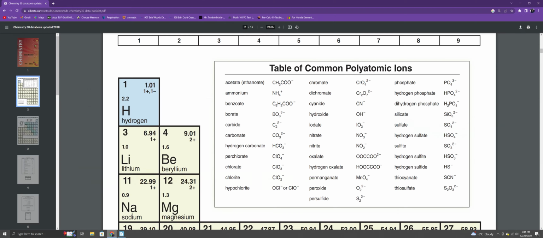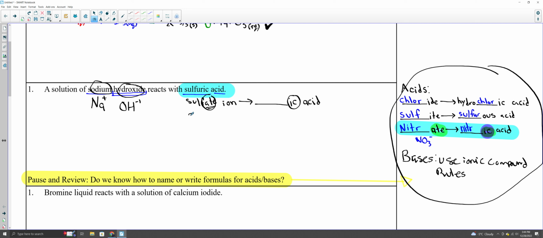So what's the sulfate ion look like? Well, let's look it up. There it is, sulfate, SO4 -2. Now, we should also know that when something is an acid, especially strong acids like sulfuric, they get that due to the fact that they have hydrogen ions on them, right?